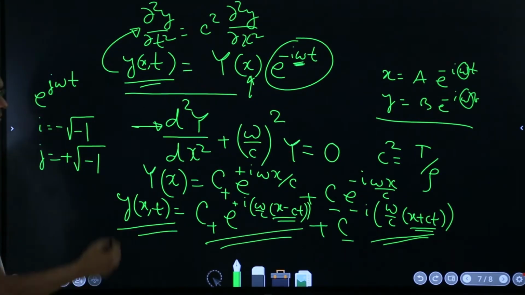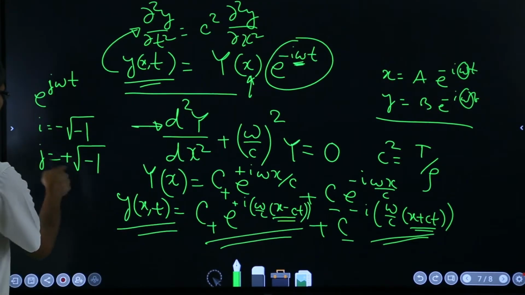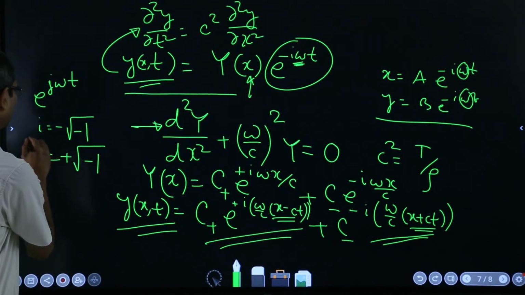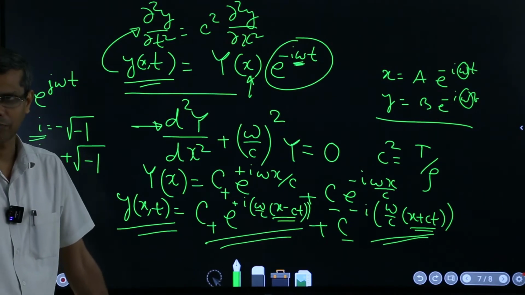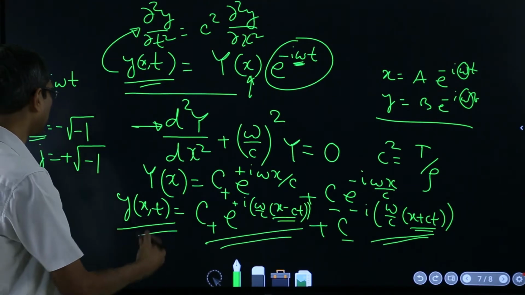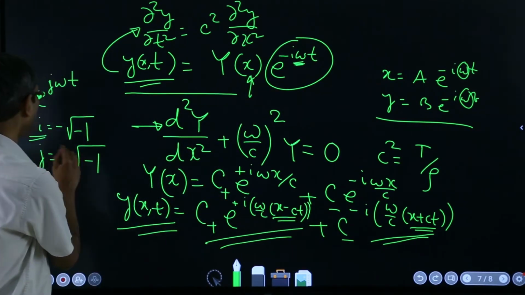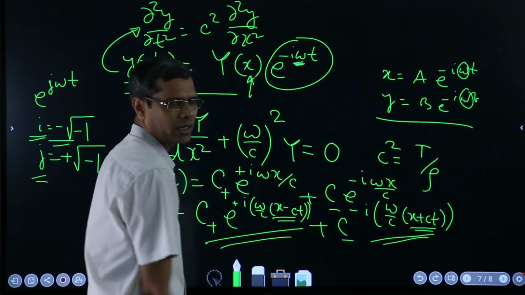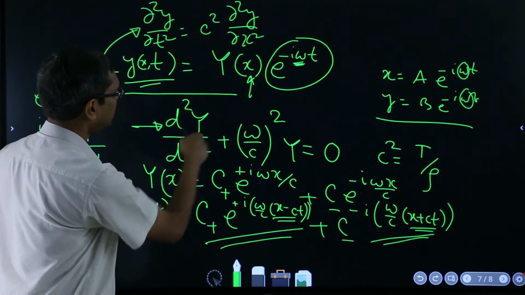You can define it like that, because this will have a plus or minus, and you could have chosen plus, and there is no specific reason why we should choose one and not the other, because both of them are square roots of minus 1. But we specifically chose this one, and we are putting this minus i omega t everywhere. Had we chosen j, it would have been plus.